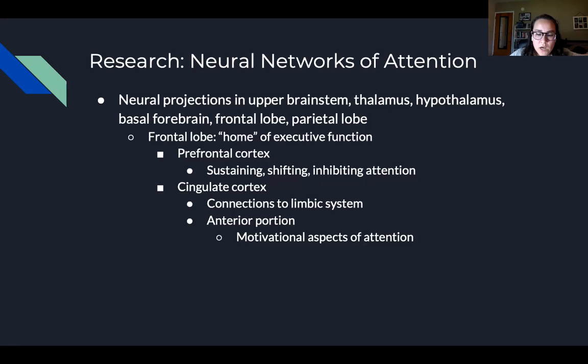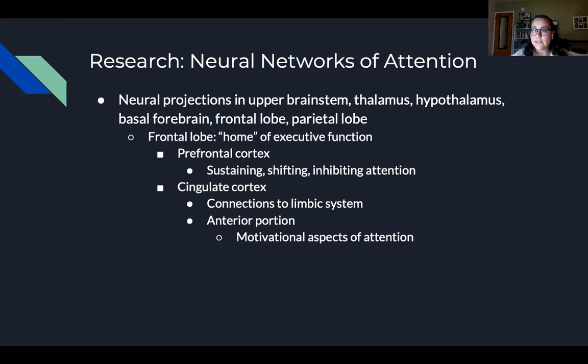And so specifically, a lot of research and a lot of information has been talked about regarding the frontal lobe and its role in attention. Because executive functions are said to reside within the frontal lobes, and this is because so much activity takes place here that's associated with executive functions.